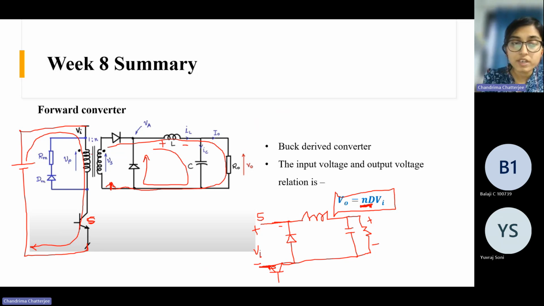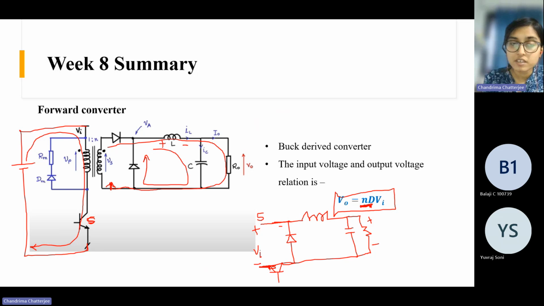But here one point is that as we are using a transformer, the flux of the transformer needs to be reset. Because in the DTs period, when the transformer was energized, there will be some magnetizing current through the transformer, and it will get magnetized.